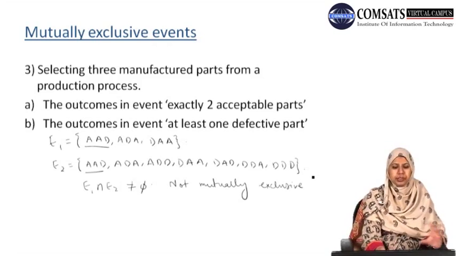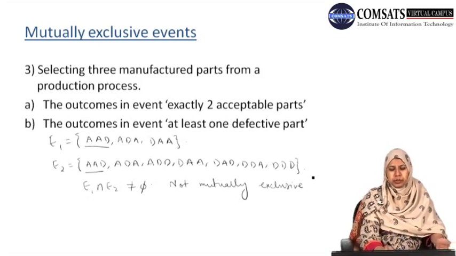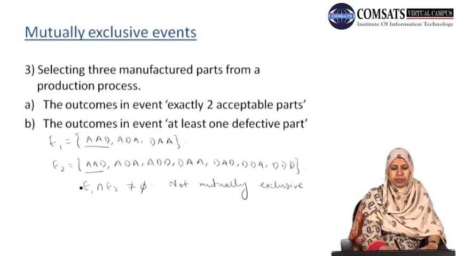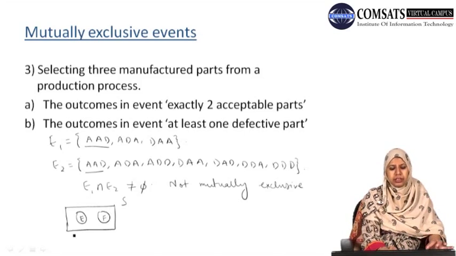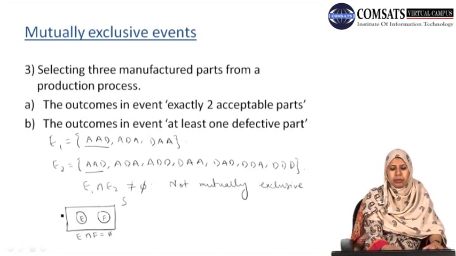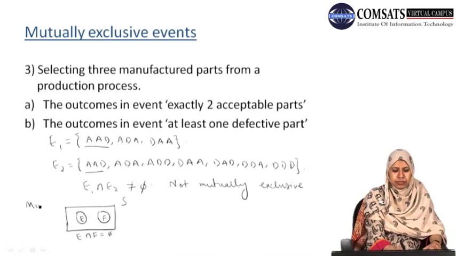We can also represent mutually exclusive events with the help of a Venn diagram. That is, if this is our sample space S and we have 2 events E and F, then their intersection is empty, that is, they have nothing in common, and this is the Venn diagram of mutually exclusive events.